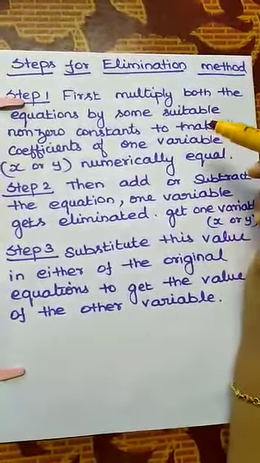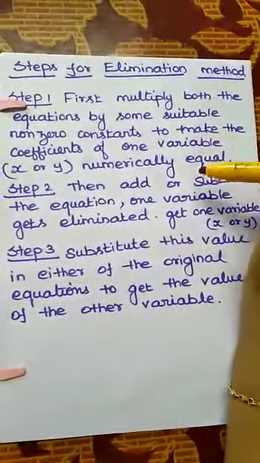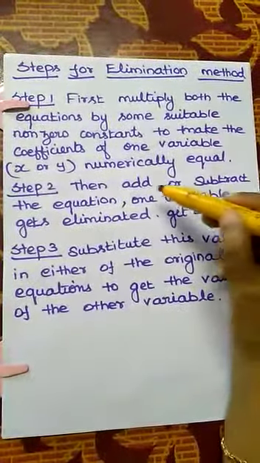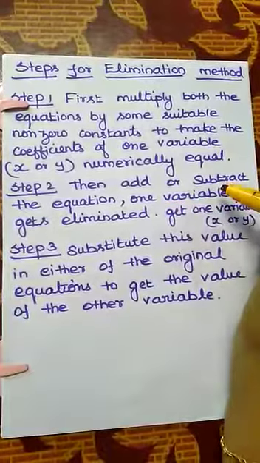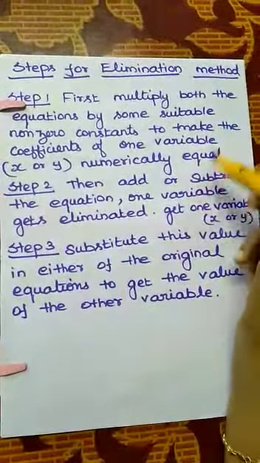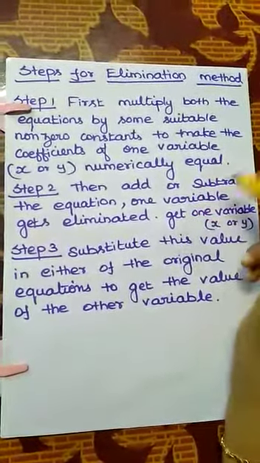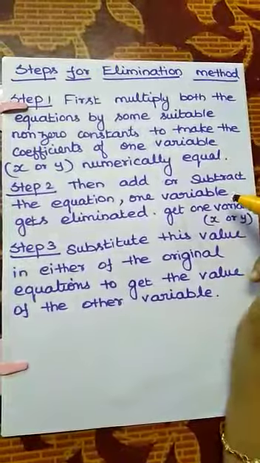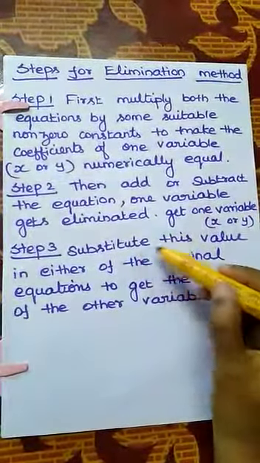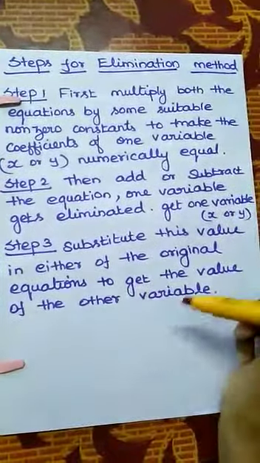If those values are different, we can't cancel the values, so we have to change them to the same pattern. Second step, then add or subtract the equations so that one variable gets eliminated, and we get the other variable. When we add or subtract the equations, one coefficient, of x or y, is automatically eliminated. Then we get the other variable. Third step, substitute this value in either of the original equations to get the value of the other variable.